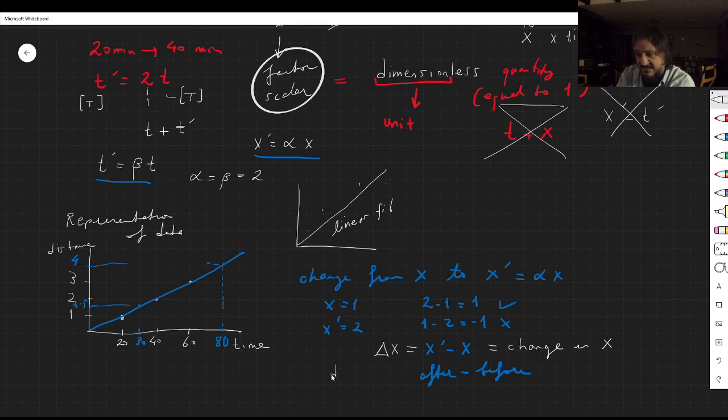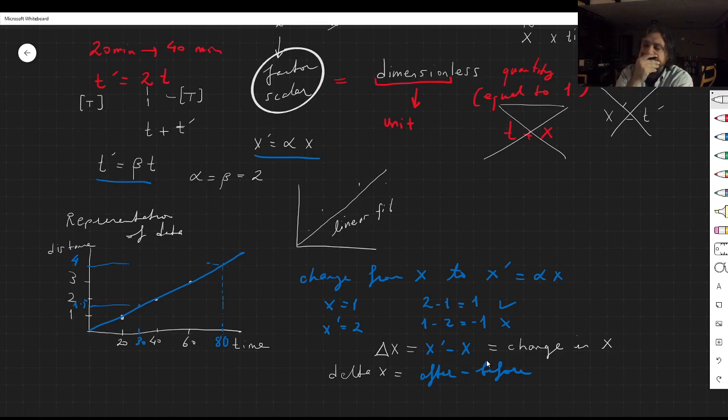So delta x means the x later, x prime, minus x. Delta x is not delta times x. Delta x is just one variable. That is the difference.